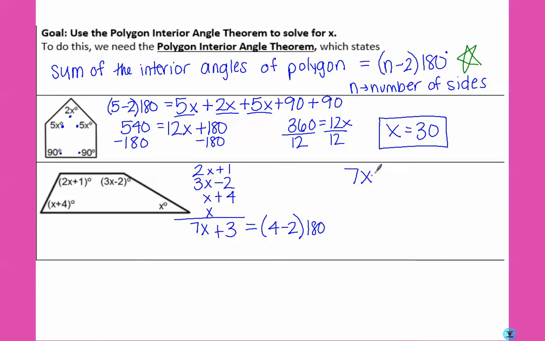So 7x plus 3 equals 4 minus 2 is 2. 2 times 180 is 360. To solve, we're going to subtract 3. Divide by 7. And we get that x equals 51.